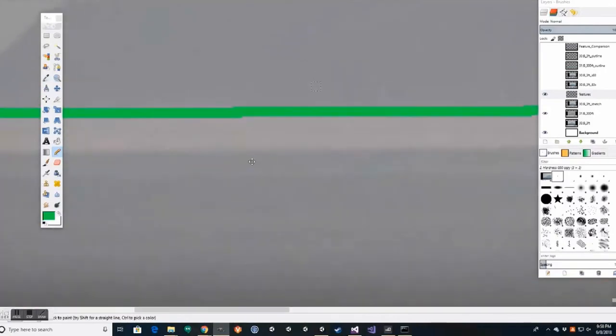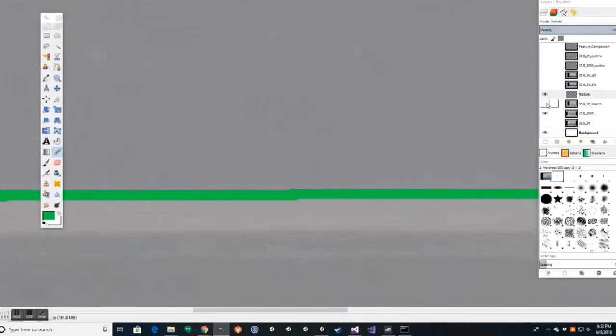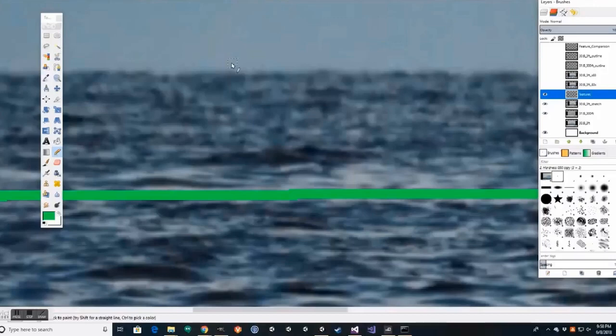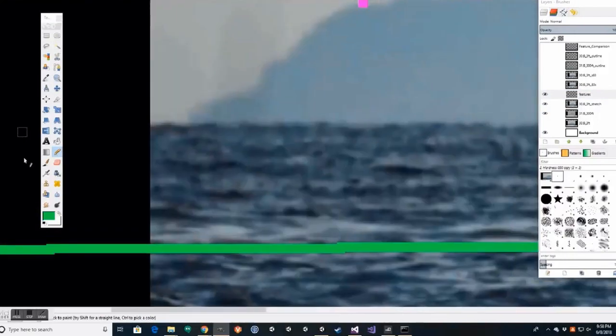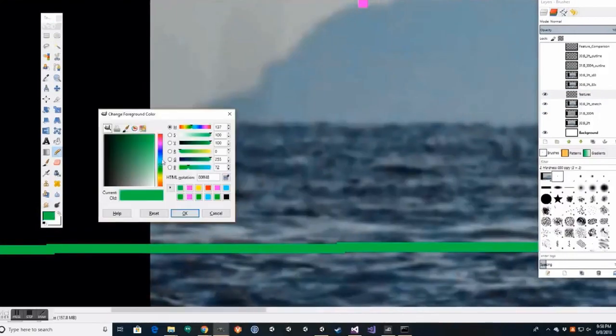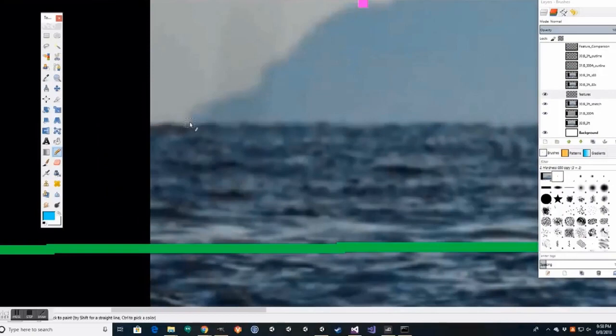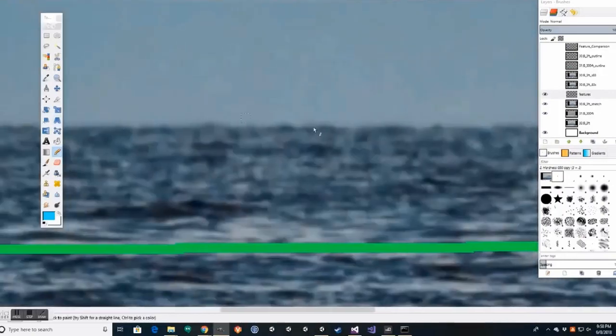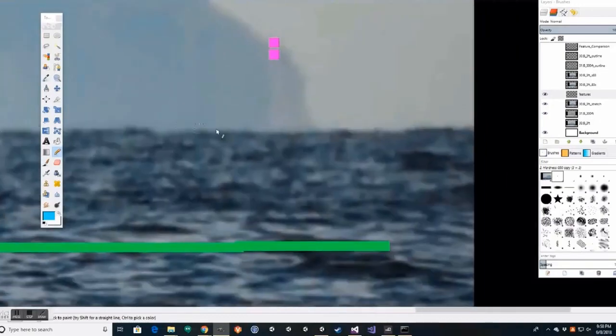Yeah, okay. So that's the whole bottom of the island you can see in that image. So in this image, the horizon landed in a different place. So let's make this one light blue. Cyan. Okay, right there to right there. There we are.